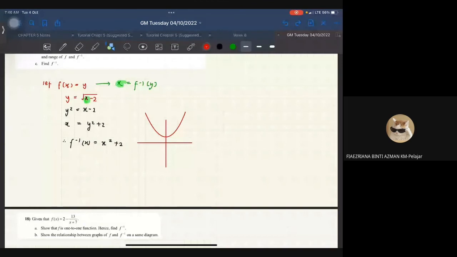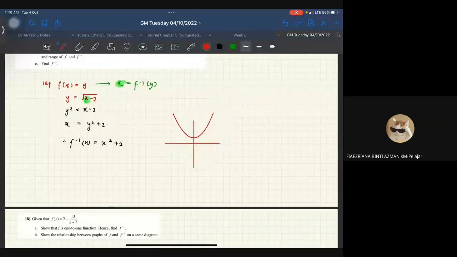Okay, so apa yang awak kena buat is awak kena restrict a domain. This one. Okay, maksudnya dekat sini, kita ada x square plus 2, betul, that is our function. Tapi awak kena ada restriction to your domain. Kena ada constraint dekat domain awak.